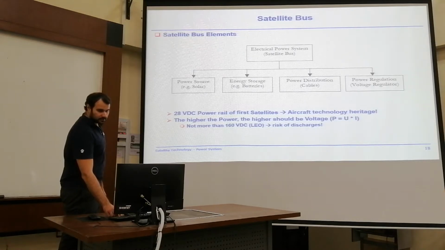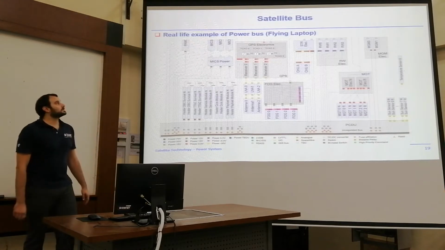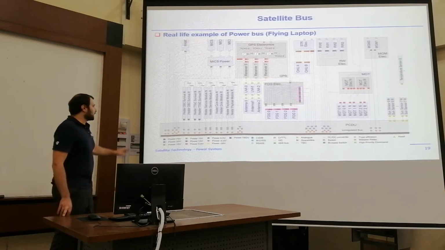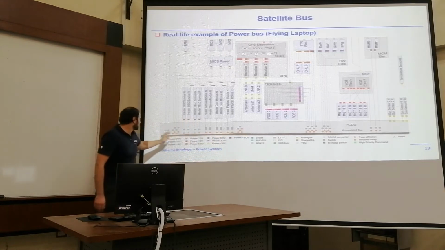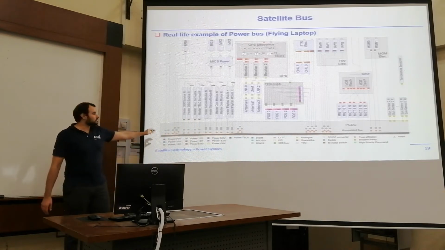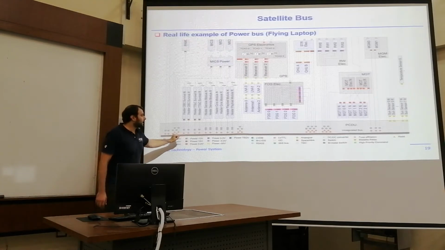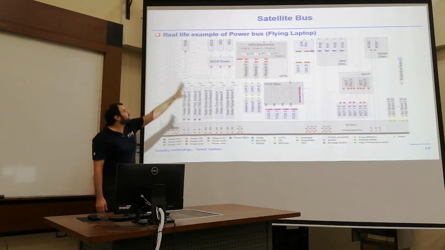And just to let you know, I again show you a real-life example of a power bus. This is part of the power bus of the Flying Laptop satellite, the small satellite. Down here we see the unregulated bus, 70 volts. This is directly coming from our batteries. Then we have a lot of interfaces there, interfacing all the different units you can think of.